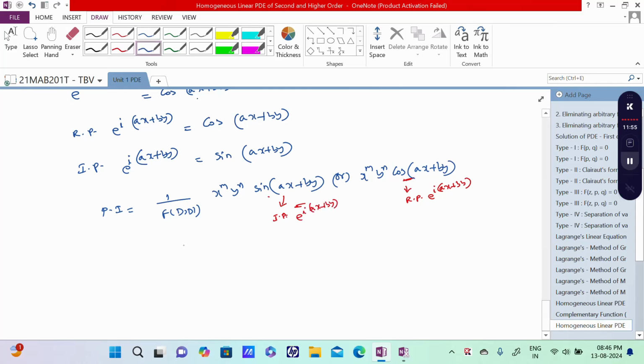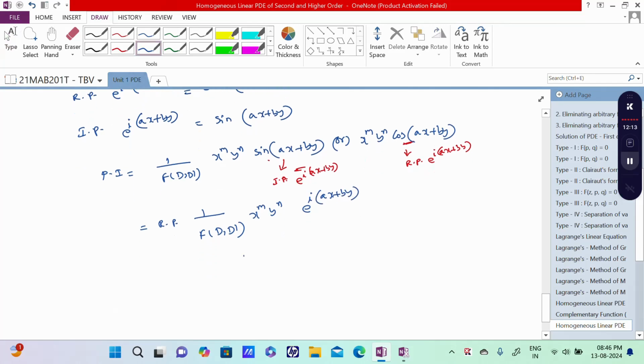Therefore, in this term, the real part of 1 divided by the function of D comma D dash, x power m y power n e power i(ax plus by), or when I am taking the imaginary part, the imaginary part of 1 divided by the function of D comma D dash, x power m y power n e power i(ax plus by).